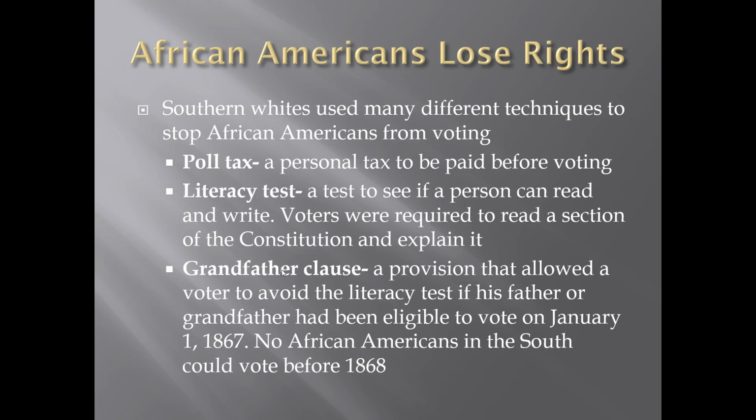And then there's also another law called the Grandfather Clause, and it basically said that you didn't have to take this literacy test as long as your grandfather would have been eligible to vote in January of 1867. Well, no African Americans in the South are going to be able to qualify for this because they didn't get voting rights until 1868. So automatically, they do not get to be part of this Grandfather Clause.